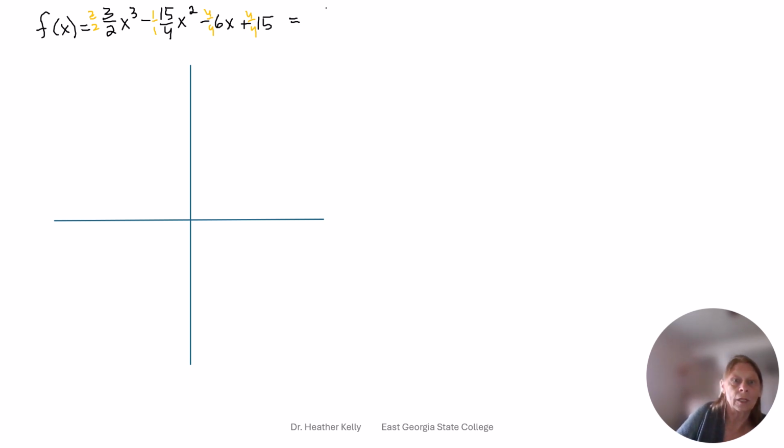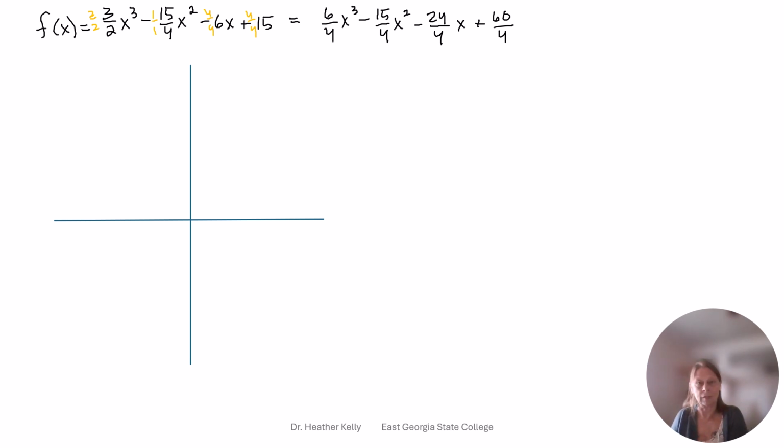So this is going to be 6/4 x cubed minus 15/4 x squared minus 24/4 x plus 60/4. Make sure I did that all right.